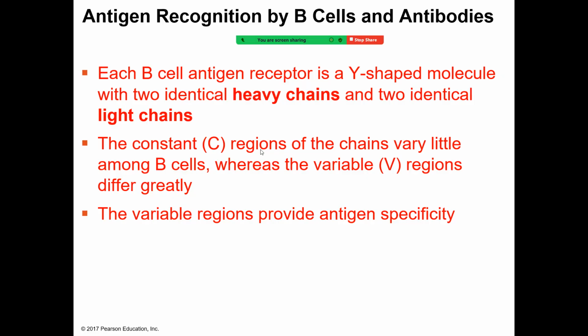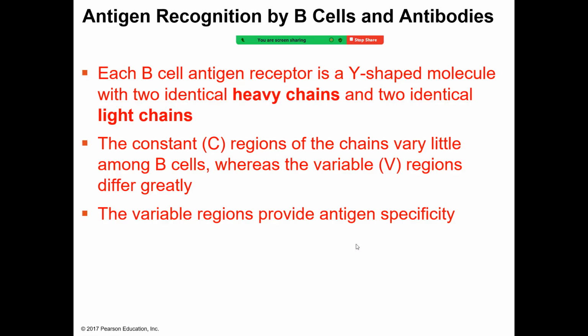The constant regions are similar in all of these specific antigen receptors on B cells, whereas the variable or the V regions are very different, right? So there are lots of differences in the variable regions. The constant regions, there are very few changes. So it is constant between all the different types of antigen receptors that we would find on B cells.